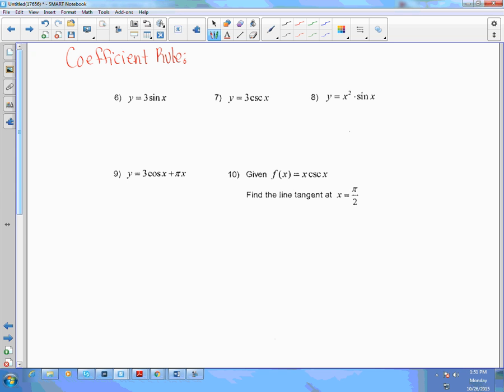If you have a constant times some function like g of theta, theta can be a placeholder for x. Sometimes functions are in terms of theta, sometimes in terms of x, so you have to be comfortable with both. Theta just means the x-axis is now the theta axis. When we have a constant times a function, you just pop the constant out.